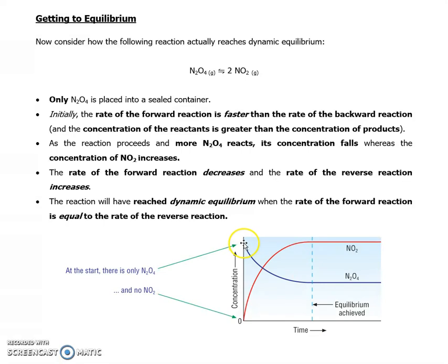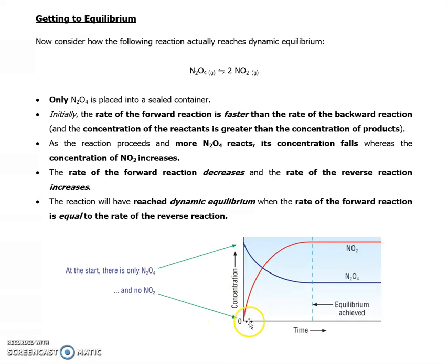Now, what's happening here is at the start of this chemical reaction, the rate of reaction is at its fastest. As the gradient decreases in this blue line, the reaction is slowing down.